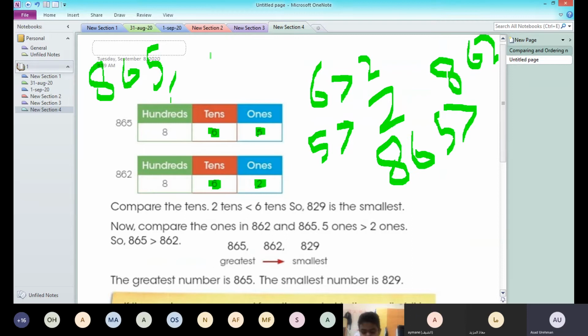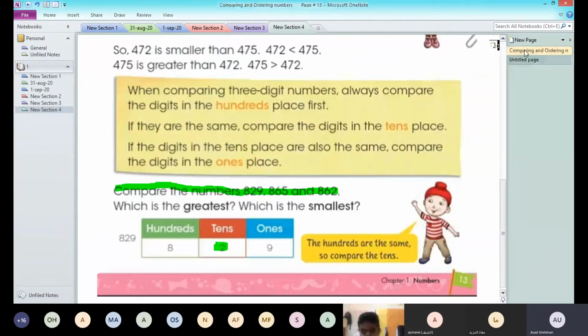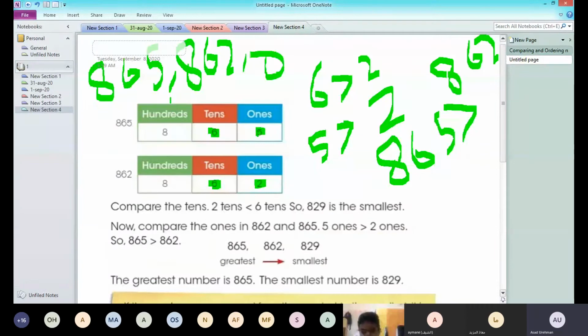Then after 865 the second greatest number is 862. And then I will write the smallest one, which is 829.